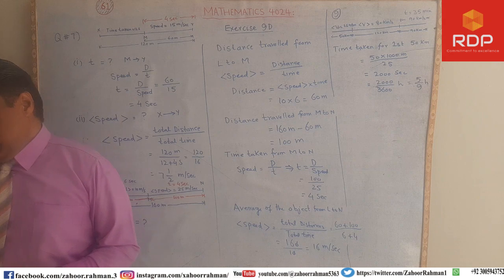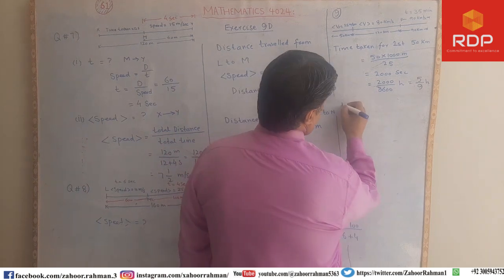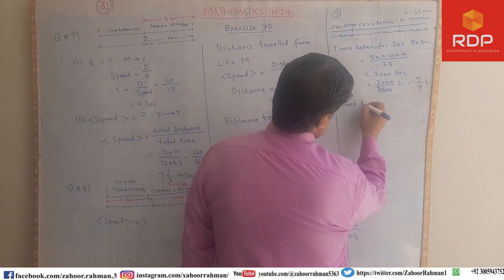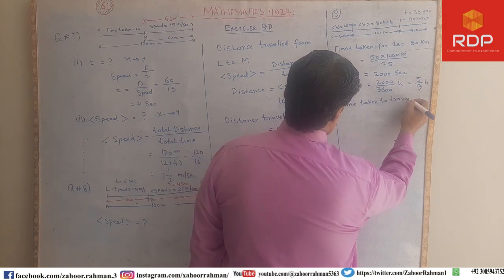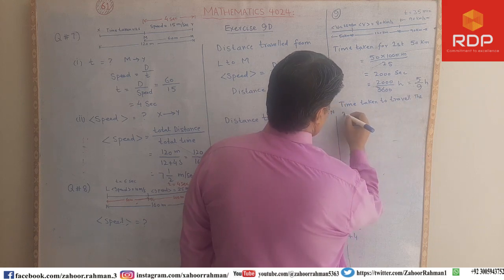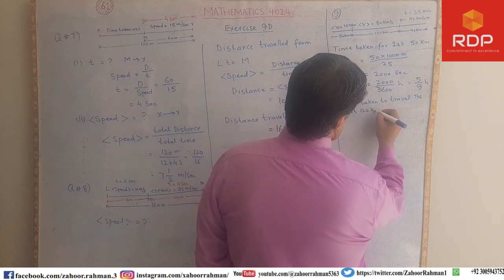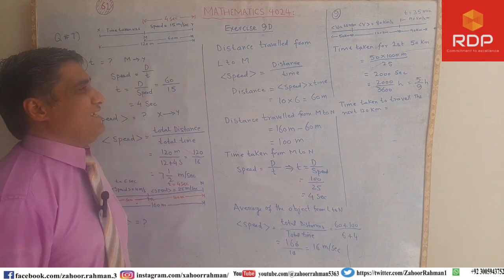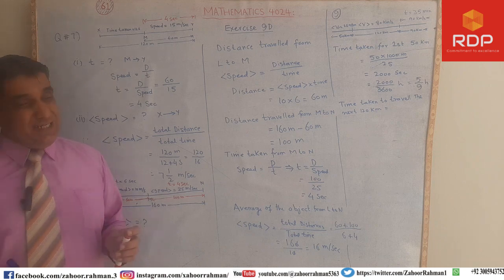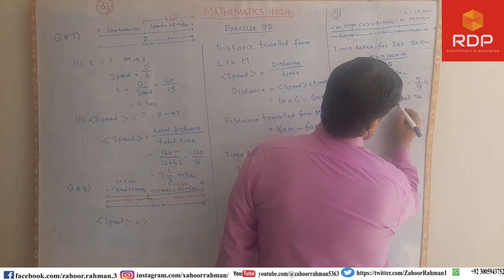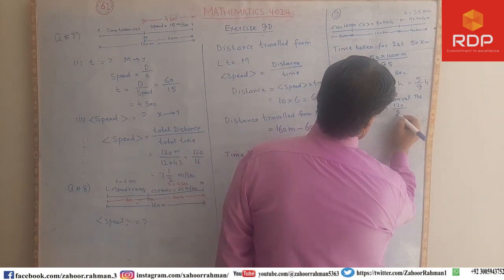Okay, time taken to travel the next 120 kilometer at 80: 120 divided by 80. 120 is the distance and 80 is the speed.